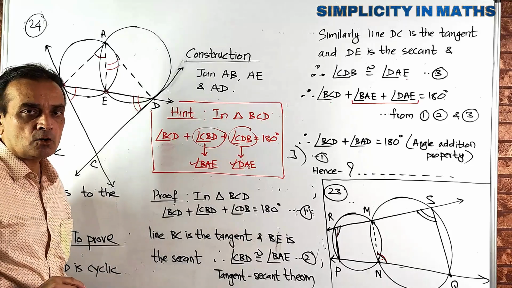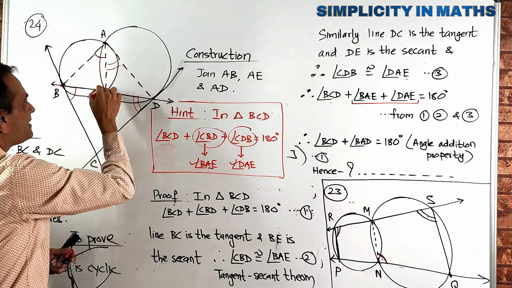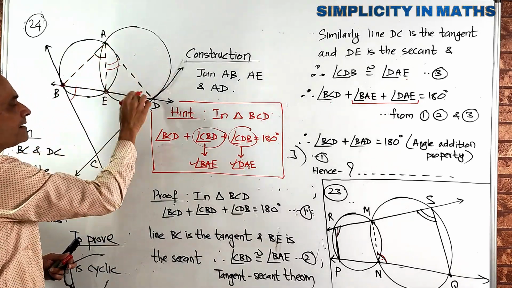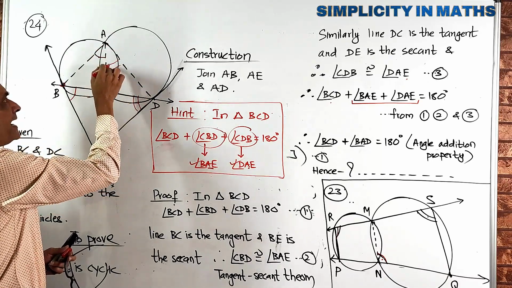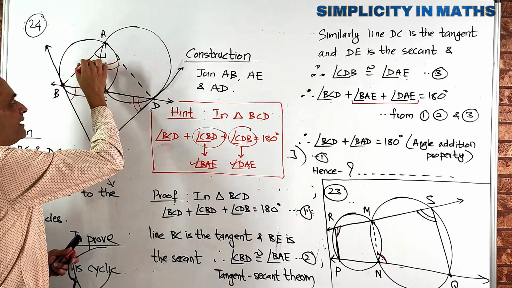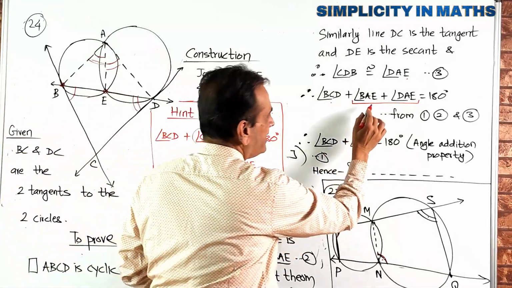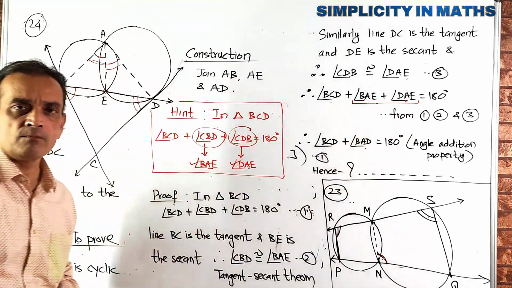Angle BAE plus angle DAE is equal to angle BAD. Observe: this angle plus this angle, when I add these two, I get one bigger angle, angle BAD. So in the next step, by the angle addition property, the sum of these two angles is angle BAD.